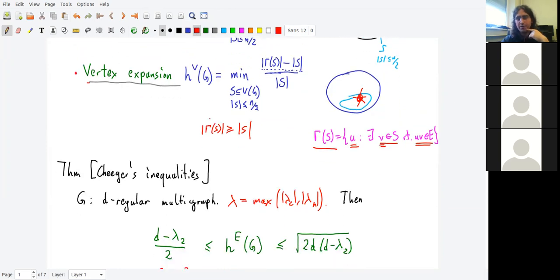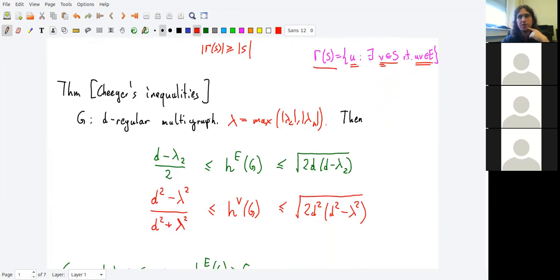And the idea was that these combinatorial notions are tightly connected with the spectrum of a graph through so-called Cheeger's inequalities. So recall that the spectrum of a graph consists of all the eigenvalues, so lambda 1, lambda 2, and so on, lambda n. This is the spectrum. And lambda 1, in case I've got a d-regular multigraph, is always equal to d.